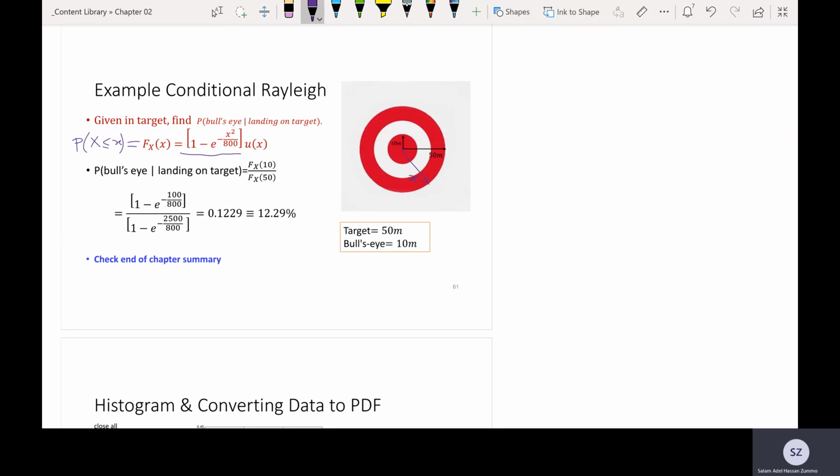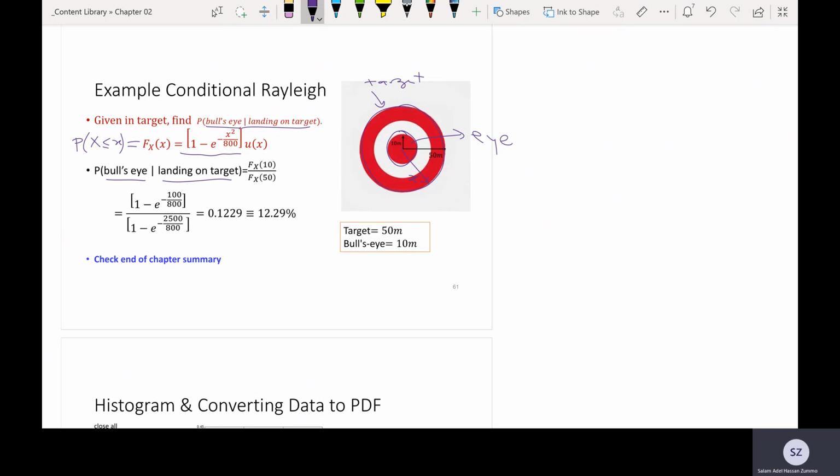This is called the Rayleigh distribution; we talked about it. Now we would like to find the probability that you get the bull's eye, given that your arrow landed on the target and did not go outside.